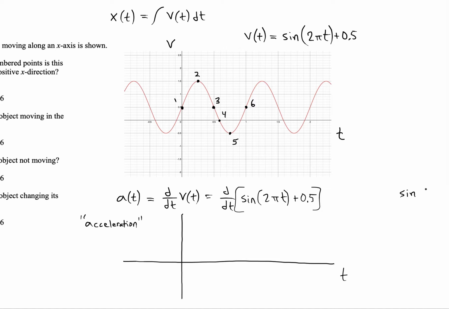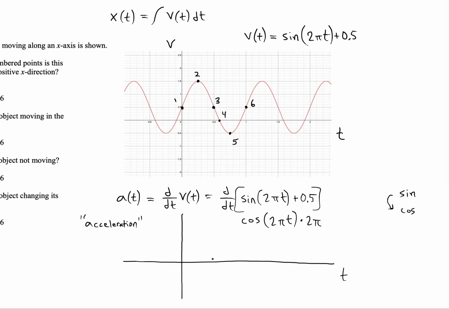So if your original function is sine, then its derivative would be cos. But this is a chain rule, because you have constant times t, right? So we're going to end up having cosine of 2 pi t times 2 pi. The derivative of 0.5 would be just 0.